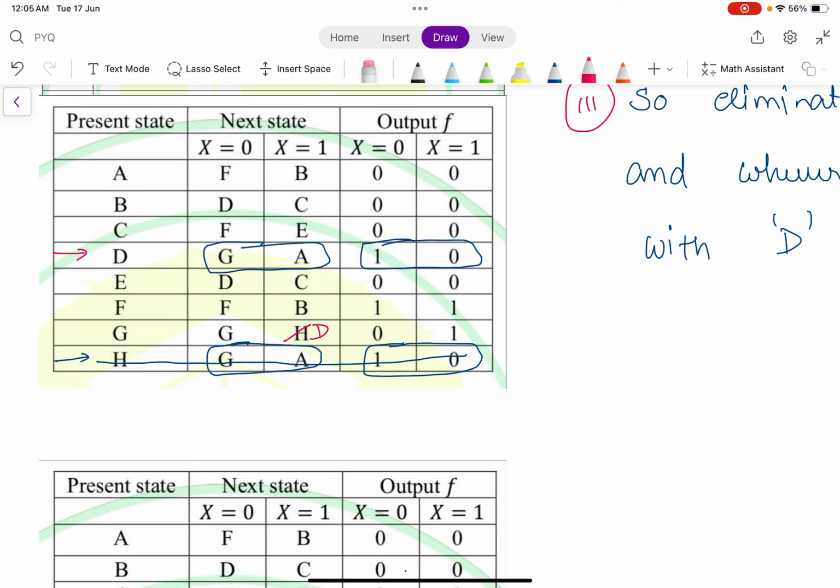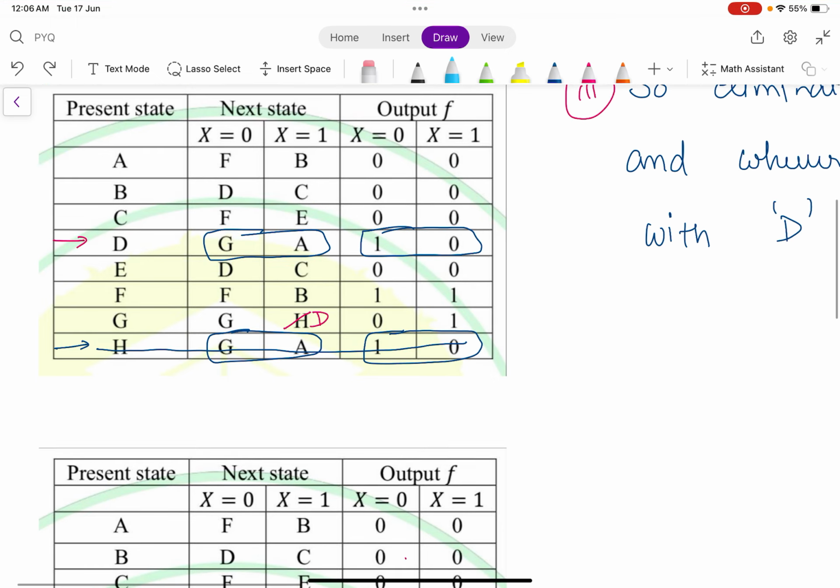So replace it and write D. Now look for the further states which are similar. G and D is not present anywhere else. F and B is present. So you can see this state and this state. F and B are present, but their output should also be the same. Here it is 0 0 and here it is 1 1. So we will not go further and we will not replace this state. We will look for further states which are similar.